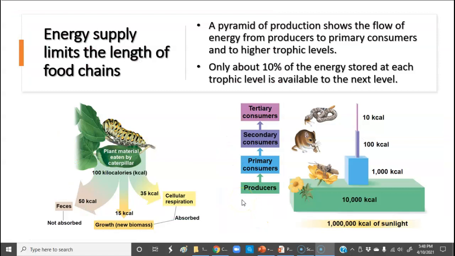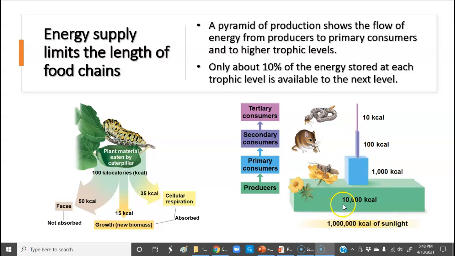The energy supply available limits how long the food chain can be. So here we see a pyramid of production that shows the flow of energy from the producers to the primary and secondary and tertiary consumers. What we notice here is that of the amount of energy that is available in the producer level, only about 10% of that is passed along to the next trophic level, to the primary consumers, and only about 10% of the available energy in the primary consumers is passed on to the secondary consumers, and so forth.